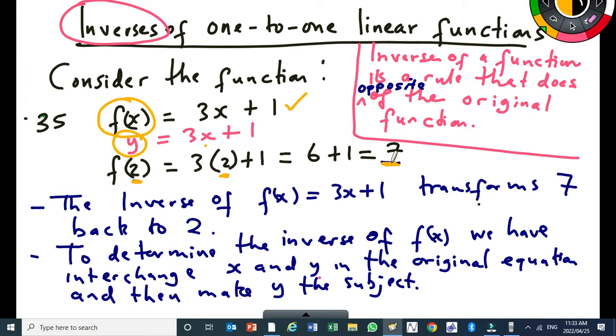These are basics that you should know at this stage. Now, if I bring in the concept of the inverse of f of x equal to 3x plus 1, it will transform or change 7 back to 2. The original function transforms 2 to 7. Its inverse transforms the 7 back to 2.